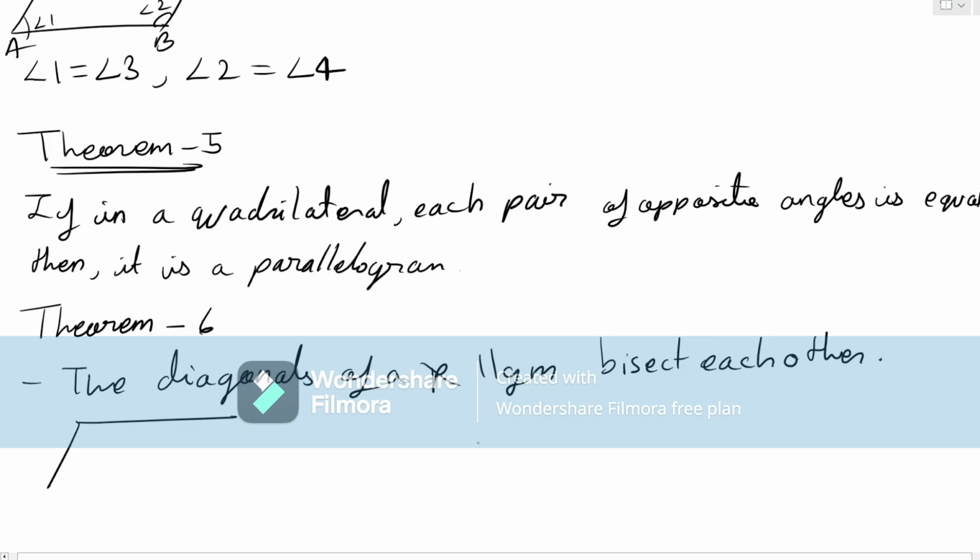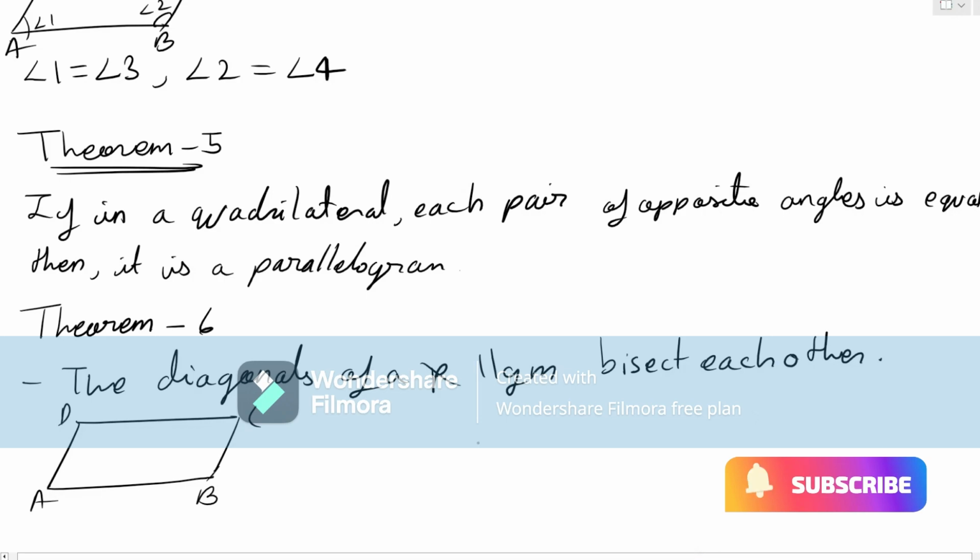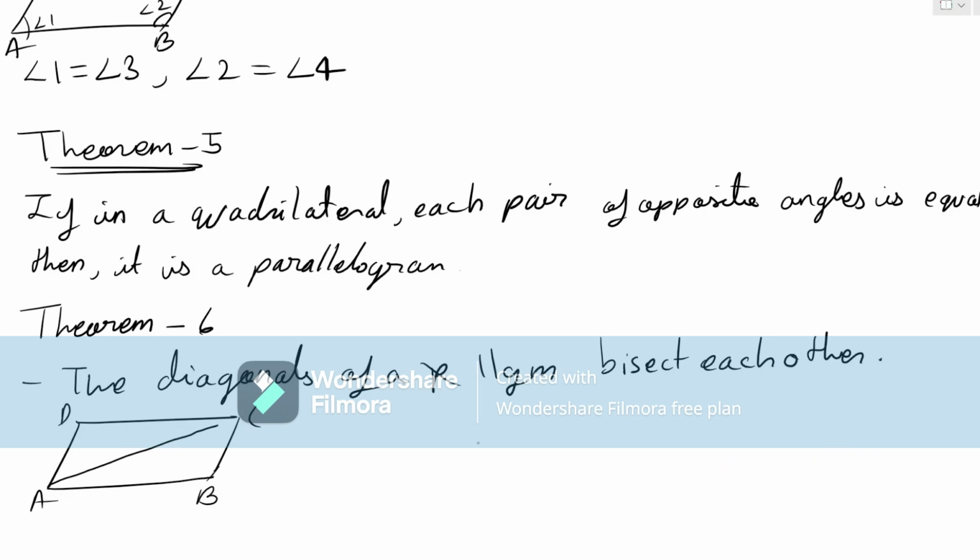Now let's draw a parallelogram. Now name it A, B, C and D. Now if we draw a line from A to C, we have a diagonal, but it is only one. Now let's draw another diagonal, that is B to D, like this.